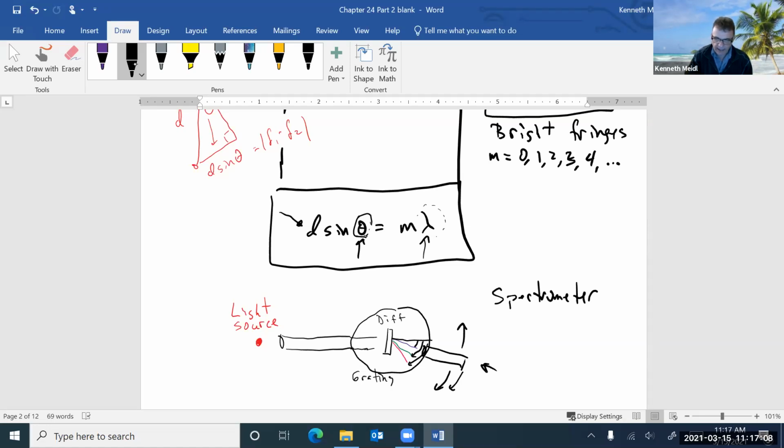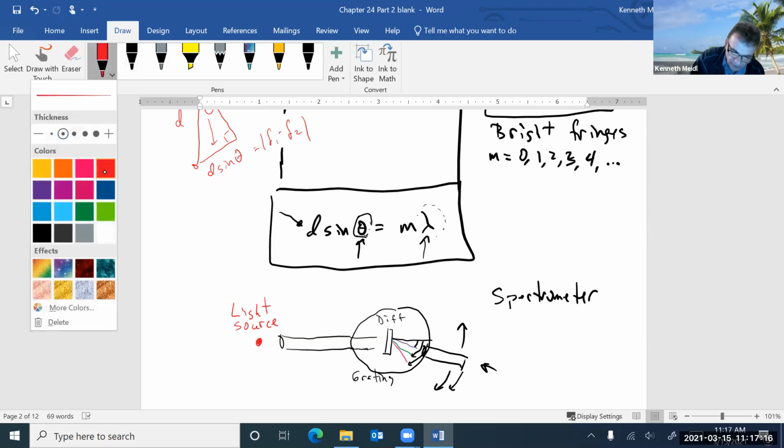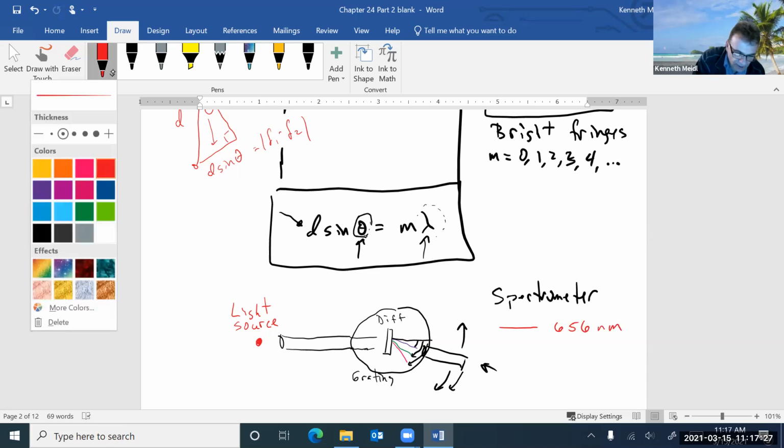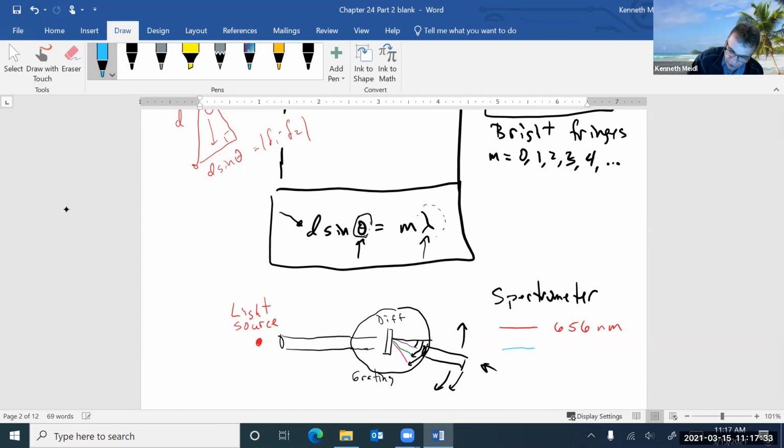And so what we find out is something like hydrogen gas would have a red line. There's this red line that comes out of hydrogen that's very, very famous, and it's about 656 nanometers. And then there's some sort of bluish green light that comes out of hydrogen.